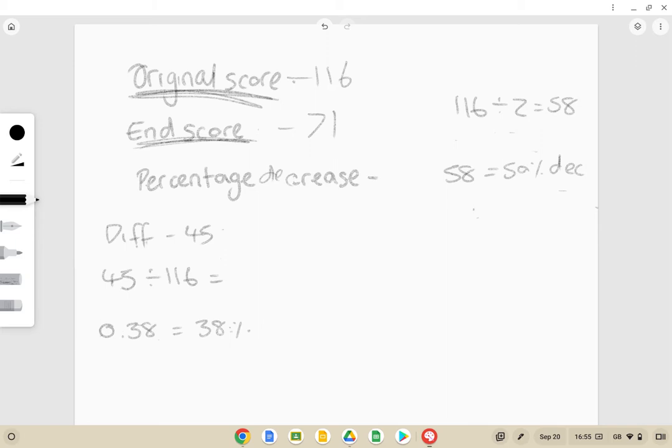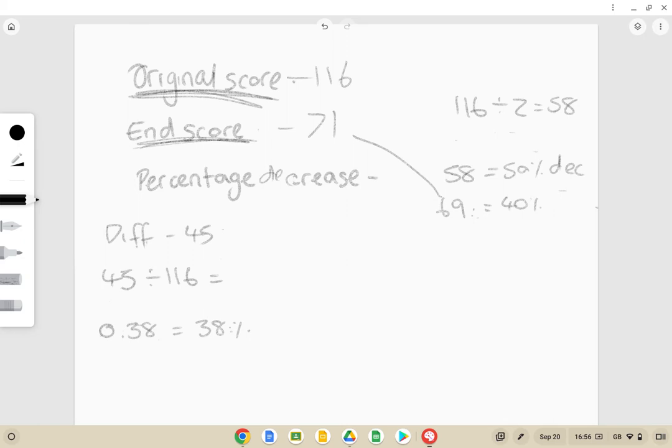If I were to take a 10% decrease from 116, it's 11.6 technically. So that would be 69 for a 40% decrease. And actually that takes us quite close to here. Don't worry if you lost pace with me a little bit, but essentially we're looking at that being correct, a 38% decrease.